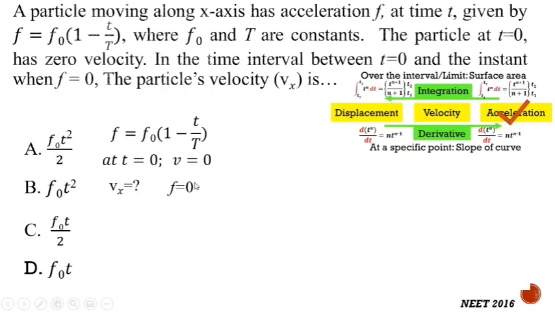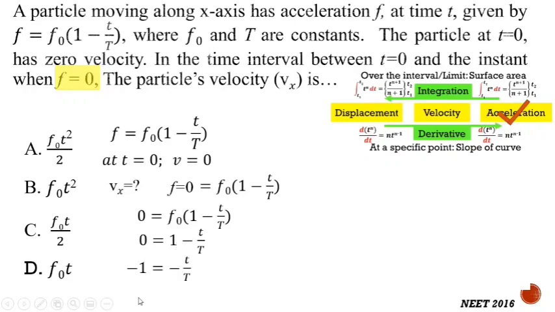Let us use this equation: if you put acceleration equal to 0, you will get the value for time. If you solve this, this will become 0, and solving again, this will become minus 1 equal to minus t by T, and this minus will get cancelled, and t is equal to T.